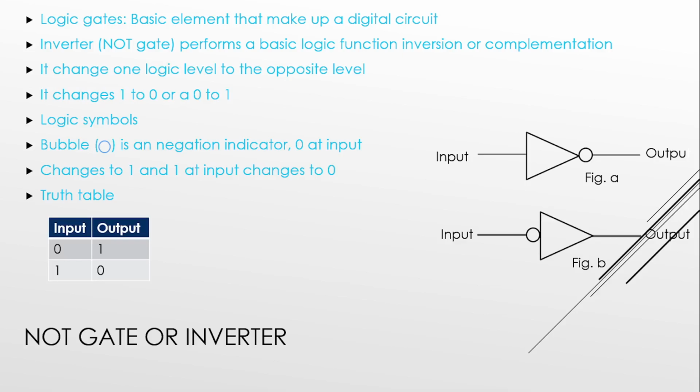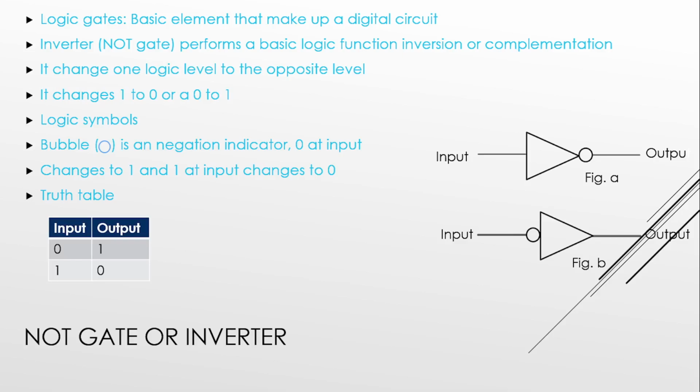Now observe the logic symbol of NOT gate. You will find an arrow, and at the tip of the arrow there is a bubble. The importance of this bubble in digital electronics, or in gates, or in digital circuits, is that it represents negation. Negation means that whatever input is crossing the bubble will be reversed, it will be inverted, or it will be complemented.